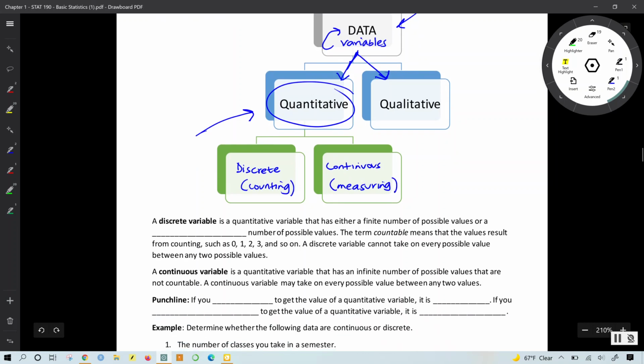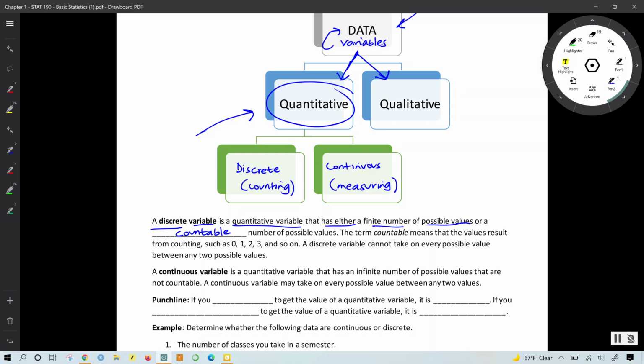So you see, a discrete variable is a quantitative variable that has either a finite number of possible values or a countable number of possible values. The number of cars that stop at a road intersection in a 5-minute interval, for example, is a discrete variable.